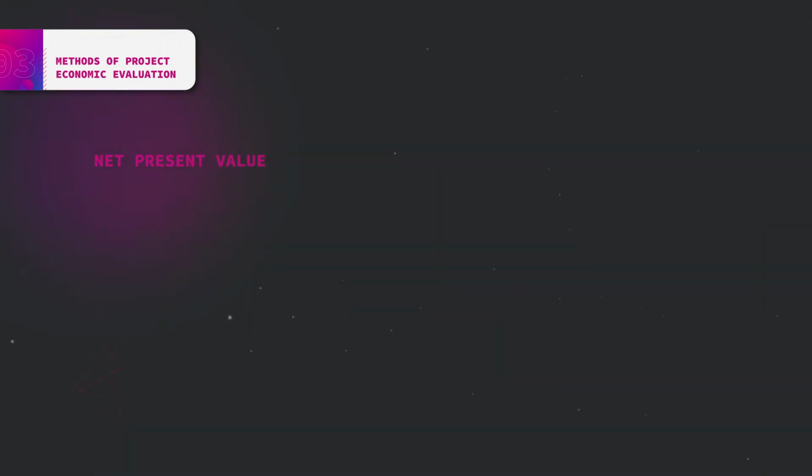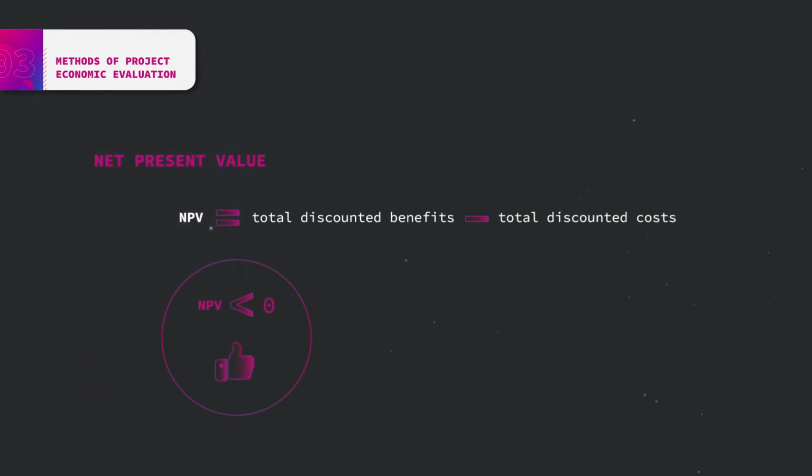The NPV method considers the difference between the total discounted benefits and the total discounted costs, which gives the net present value of a project. The project should be accepted if the NPV is greater than 0, but should be rejected if the NPV is less than 0. The marginal case, whether to accept or reject the project, stands when the NPV is equal to 0. This means that the project adds no monetary value.